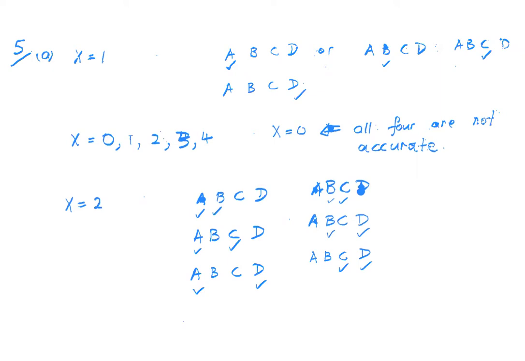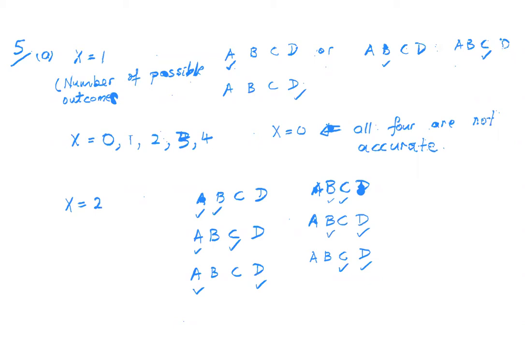Without listing out, how can I get the number of possible outcomes? Using calculator. How to use the calculator? Use the C symbol. Yes, you are right.